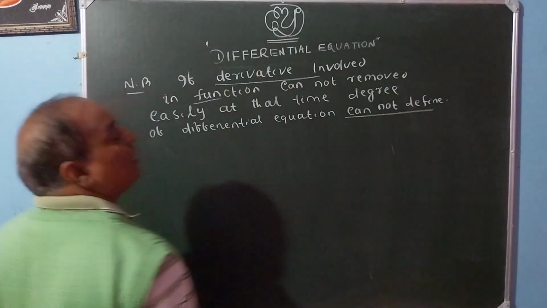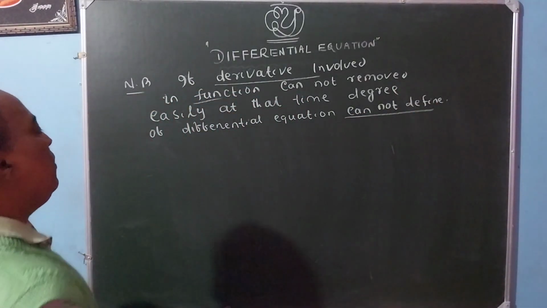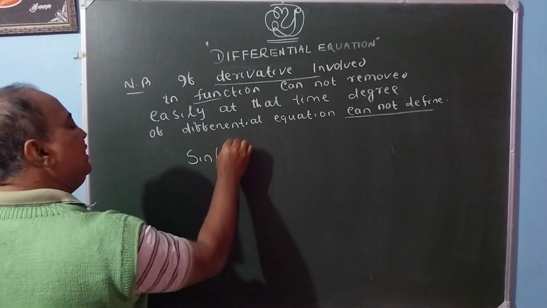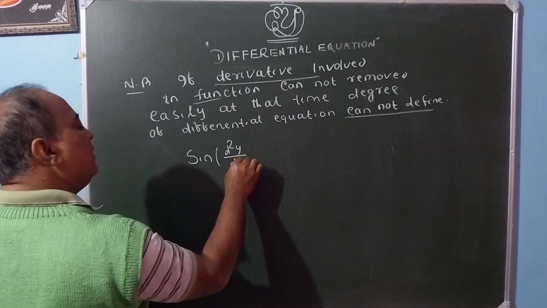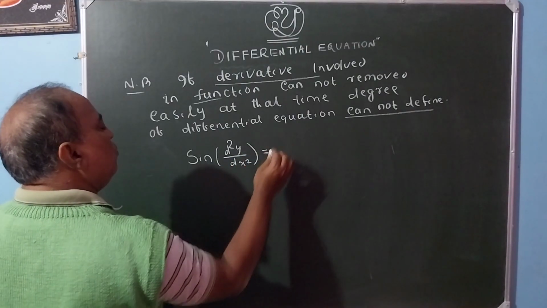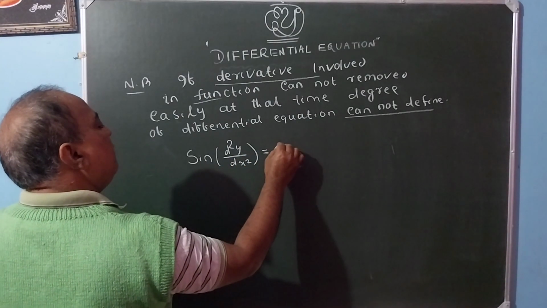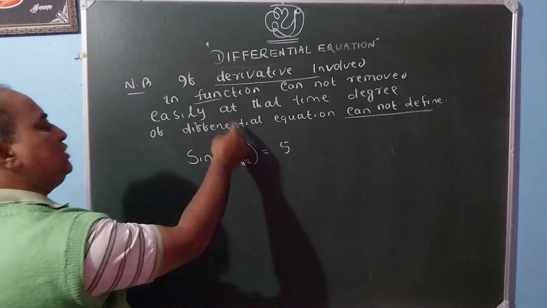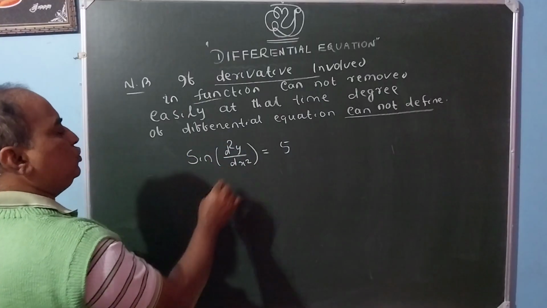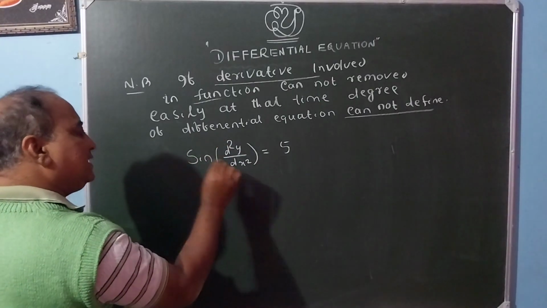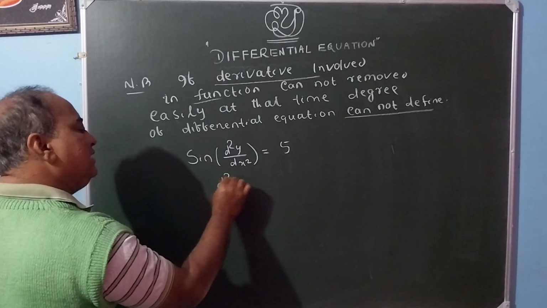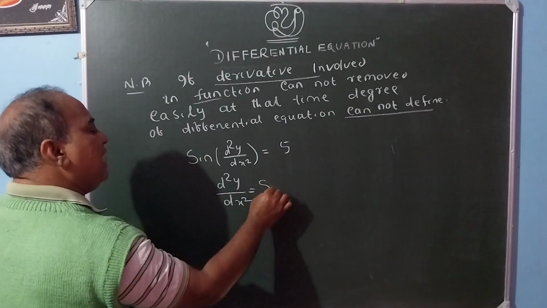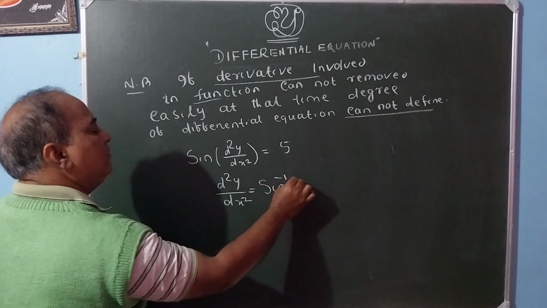Degree cannot be defined. One example: suppose sin of d square y/dx square is equal to 5. Okay, so d square y/dx square is inside a function. So this can be written as d square y/dx square is equal to sin inverse 5.